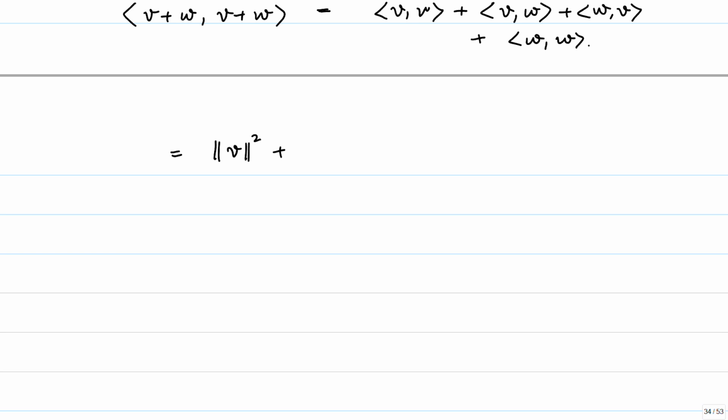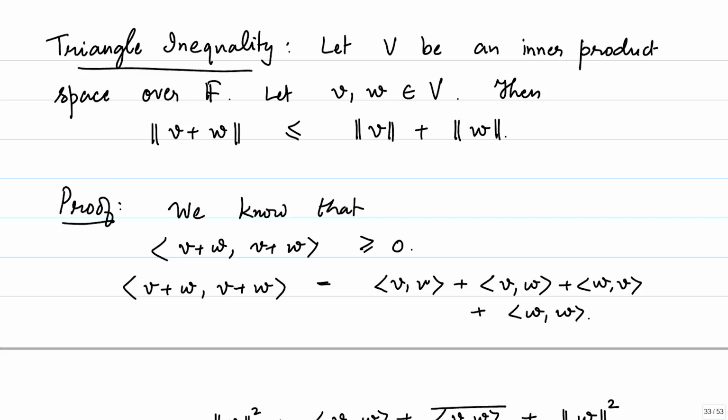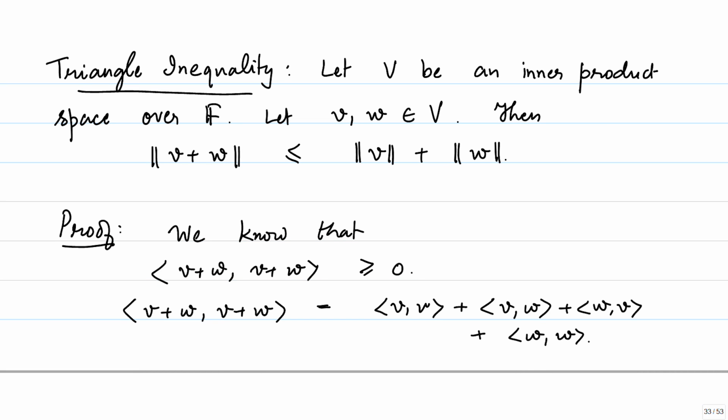So what is this? This is just the length of V square plus the inner product of V comma W plus, what is the inner product of W comma V? It's just the conjugate of the inner product of V comma W, plus the length of W square, by the very definition of length. So we are just considering the inner product of V plus W with itself.